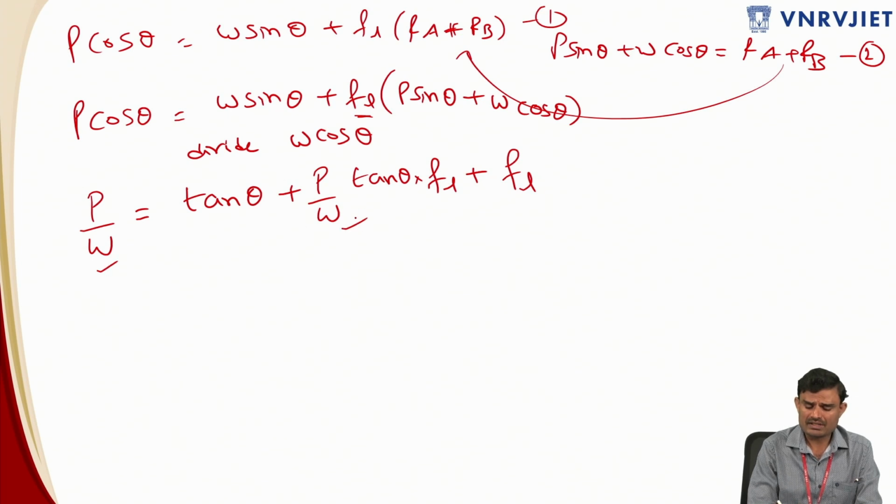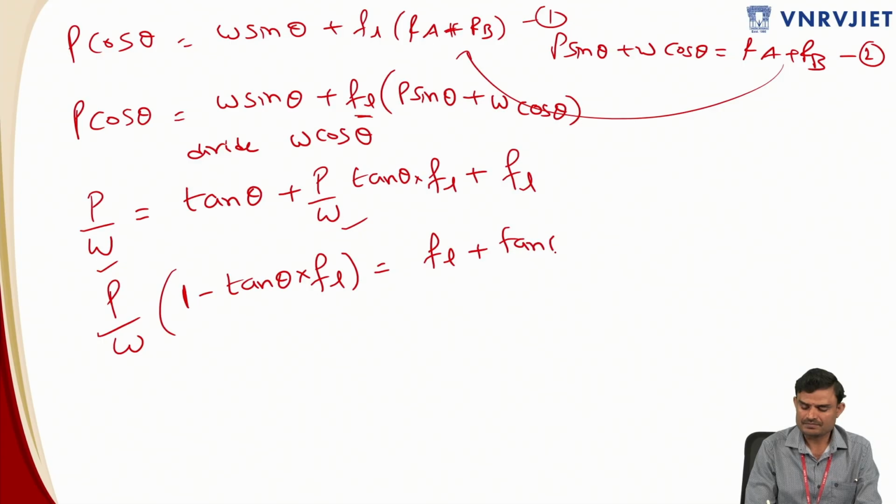Now I'll rearrange the terms which have P by W. So P by W, if I take common, 1 minus tan theta into FL is equal to, so if the terms go on the other side, we are left with FL plus tan theta.